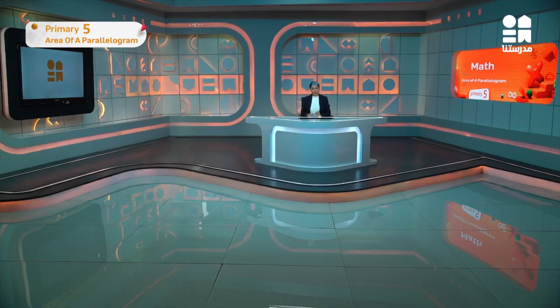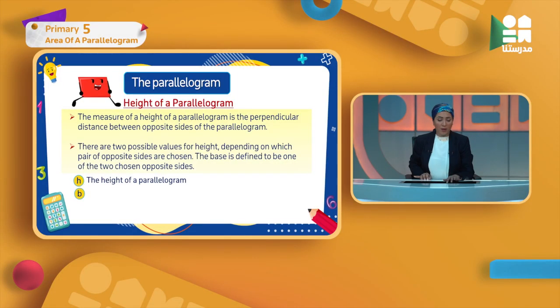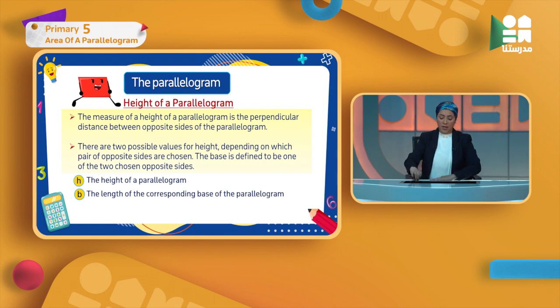So here we'll learn about some terms and then we'll go to the board to explain it on the shapes themselves. The height of a parallelogram, and we have the base of the parallelogram. It is the base which is corresponding to the height.